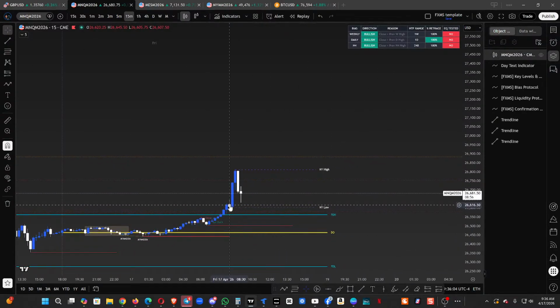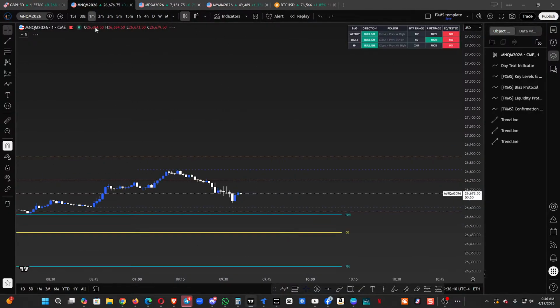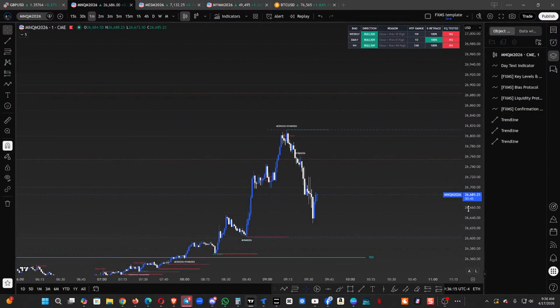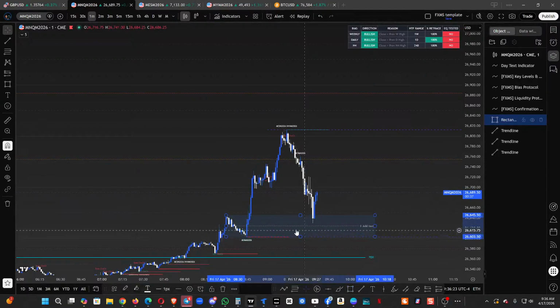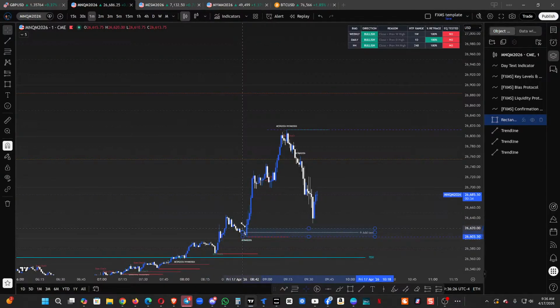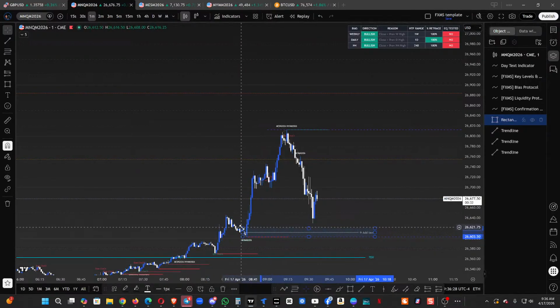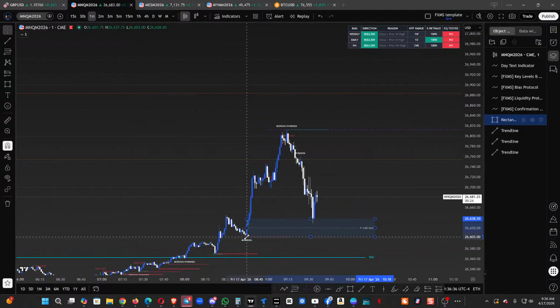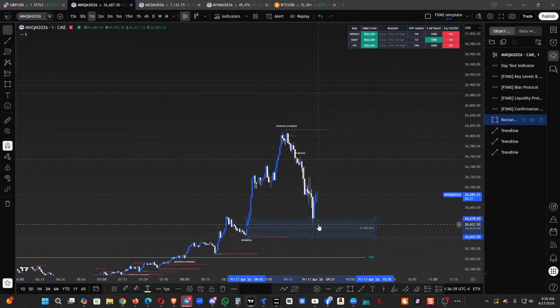Okay, so we do have an order block here, right? We just don't have any liquidity sitting underneath that order block. Let's see. So it would be like this move right here, or we could even say this move right here, but that didn't touch. So let's see. Okay, so that is the current reaction, right, from this move here.